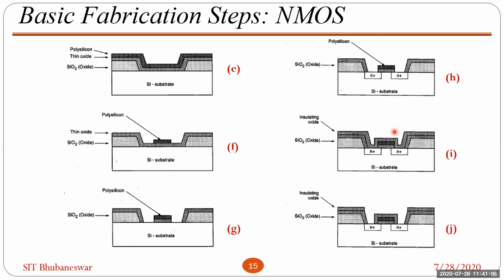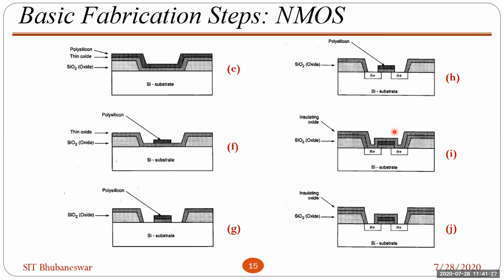So when it is covered with insulating oxide as in figure J, it will not be able to make connections when we are doing interconnections and metal contacts, unless we remove that insulating oxide from the poly one. Yes, we will remove that.